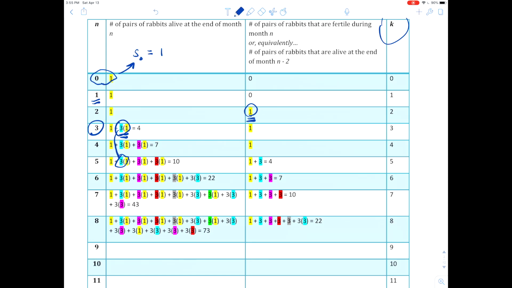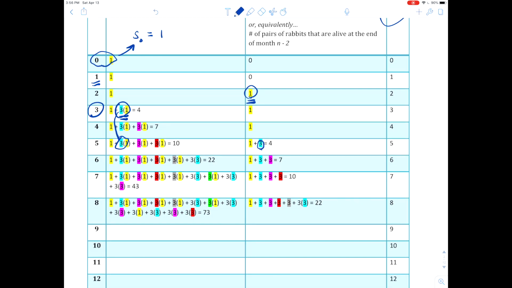And that corresponds to this highlighted 3 right here. So each time the original pair breeds 3 pairs of rabbits. And then 2 months after birth, each pair becomes fertile. So you kind of keep going and going and going.